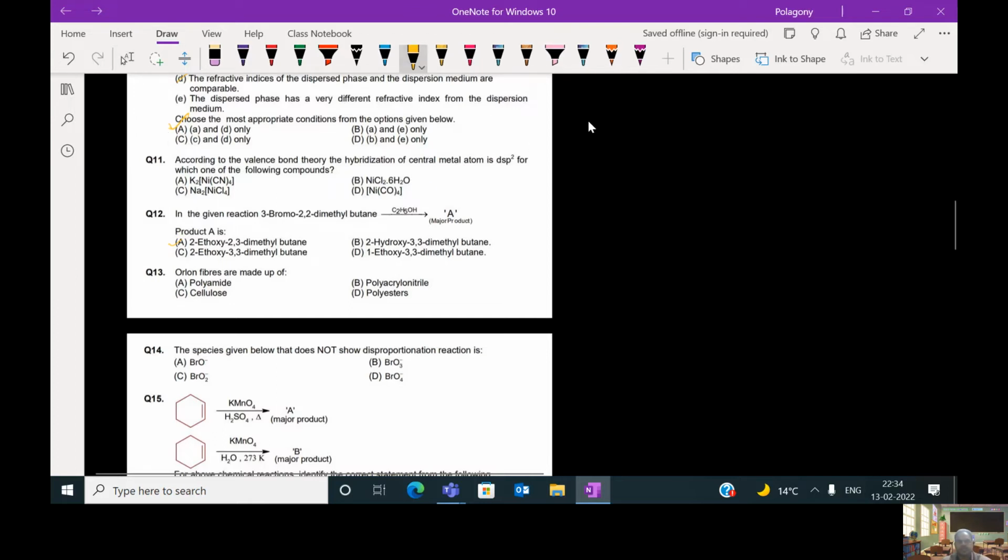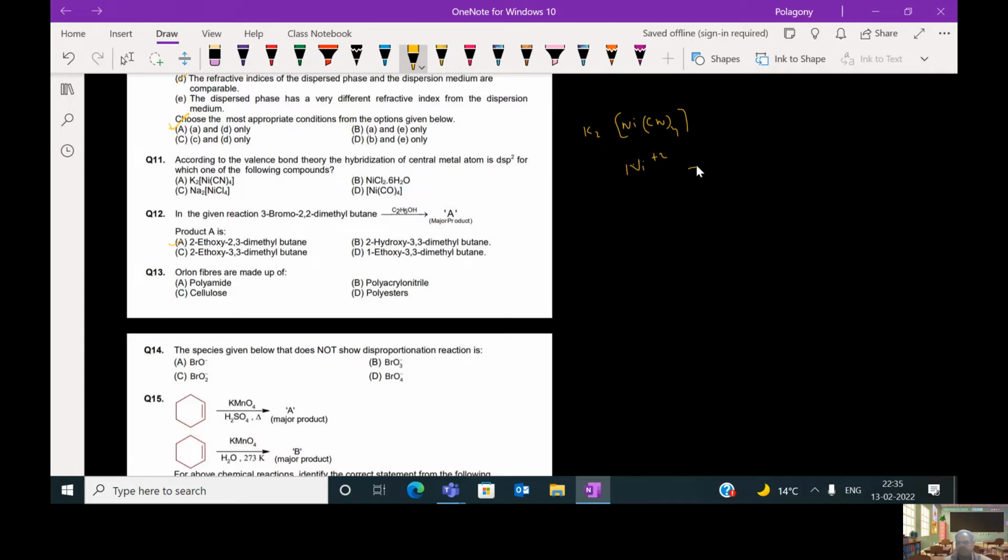A is K2[Ni(CN)4], potassium tetracyanonickelate is given, and in this, nickel is in plus 2 oxidation state. According to valence bond theory, the hybridization of the central metal atom is dsp2.